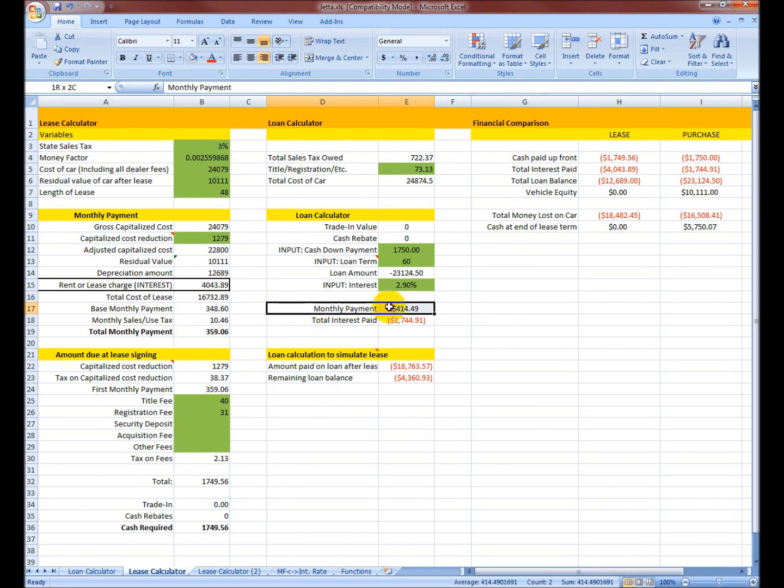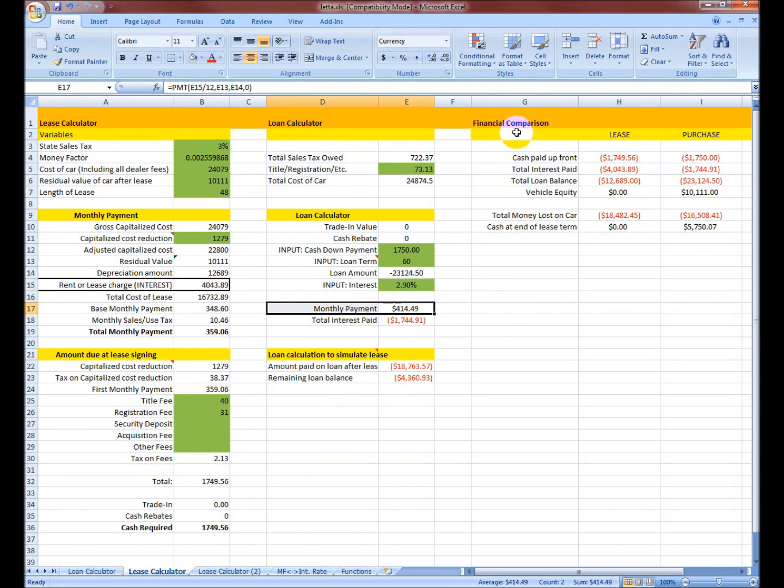So we end up with a monthly payment of basically $415 a month, which is higher than your lease car. And that's typically why leases look so attractive, because your monthly payment is lower than to buy a car.